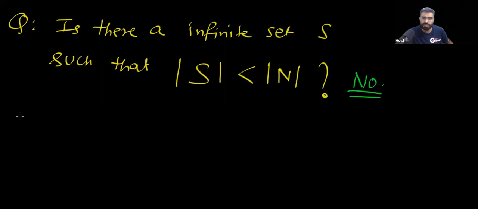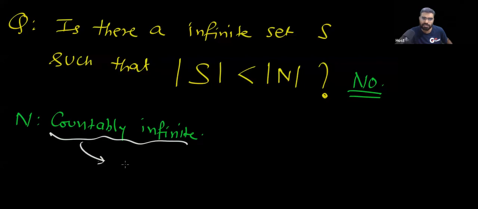Because remember, N is countably infinite, correct? And countably infinite is the lowest level of infinity.